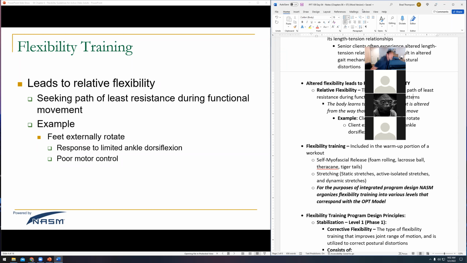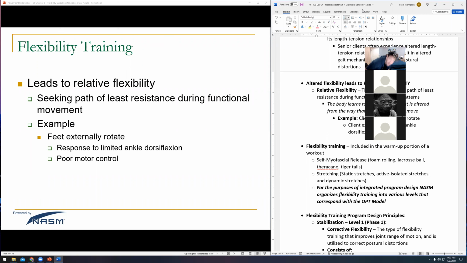But what happens is, if I go over here, right? If I can only raise my arms to here, but I'm trying to listen to my trainer. My trainer said, hey, I want you to put your arms all the way up overhead. But I can't get them any higher than this. What I might do is arch my back overhead. And now it seems like I've got my arms going all the way up overhead, right?